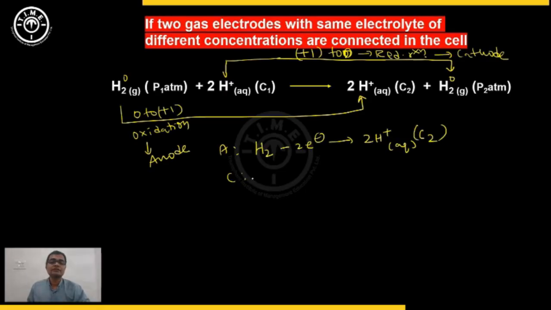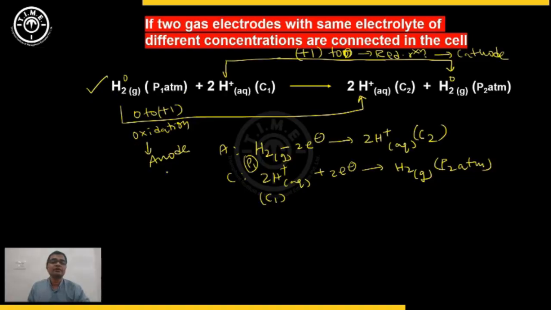Next, cathode reaction: 2H plus ion, aqueous state, concentration C1, by gaining 2 electrons is reduced to hydrogen gas. Here the hydrogen gas pressure at the anode is P1 atmosphere, and at the cathode it is P2 atmosphere. The overall cell reaction is this one only.